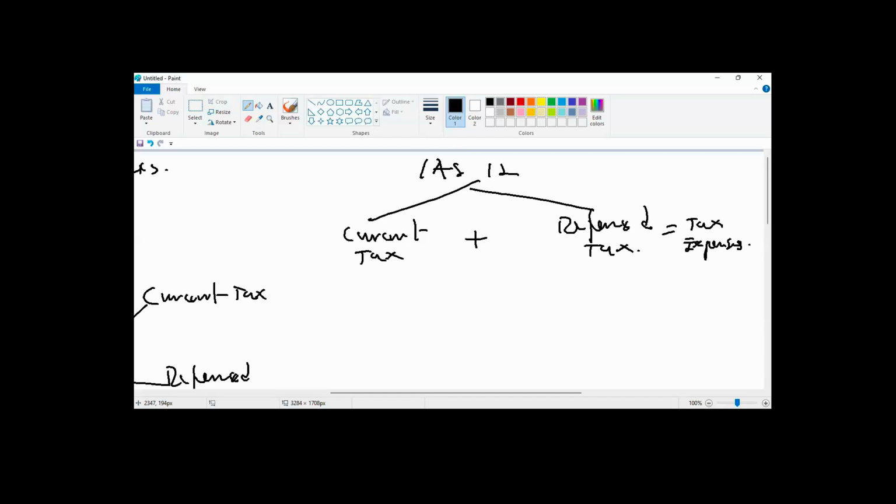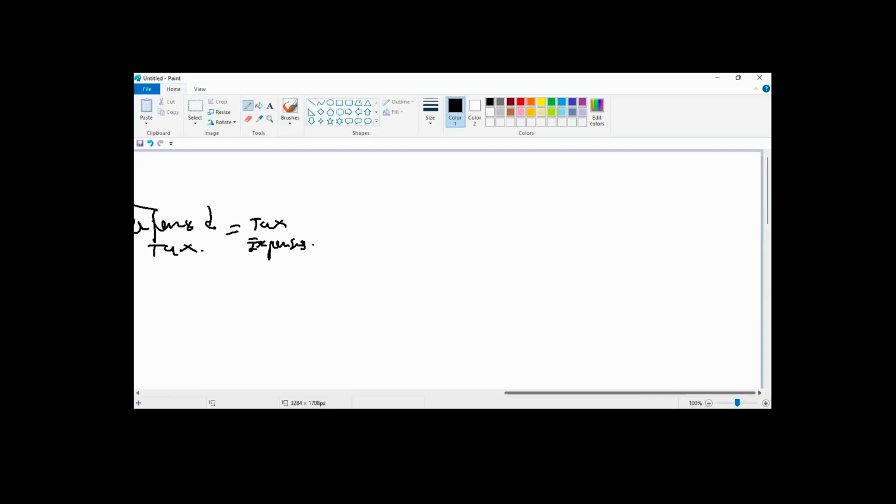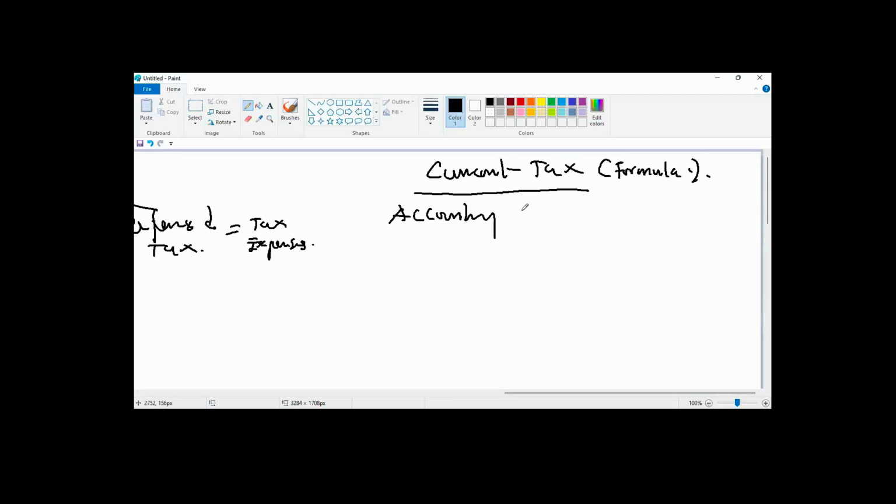Now, for me to calculate current tax, there is no issue as such, because the standard borrowed from the tax laws to give us how to calculate current tax. I will apply a formula which starts with accounting profit.